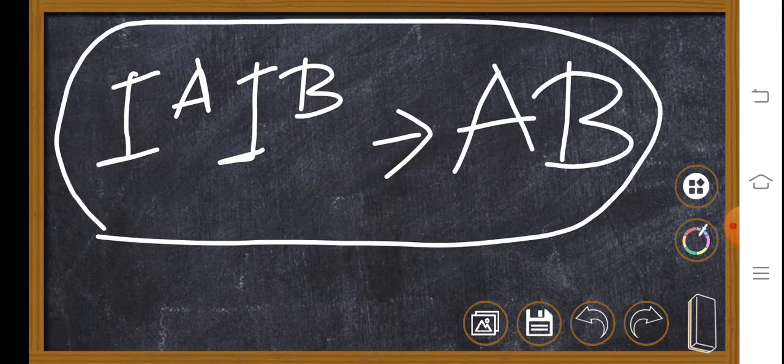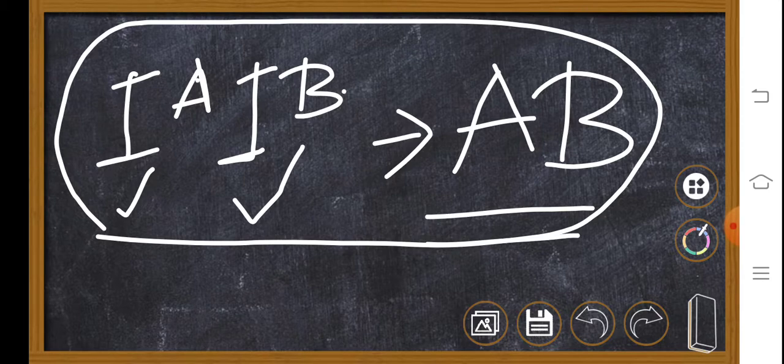In one of my classes I told you about codominance, and I told you that blood group AB is also an example of codominance. So here you see, when this is the combination, one of my parents gives this allele and the other parent gives this allele for my blood group, I will have blood group AB, because both A and B are dominant. So this is one of the examples of codominance.